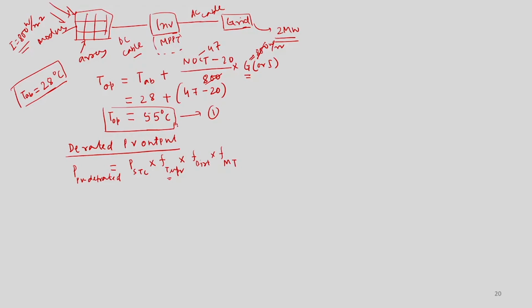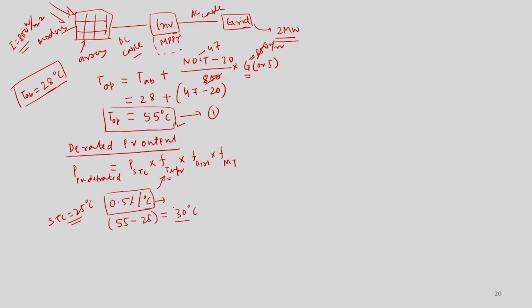As we know, the operating temperature is 55 degree, and in our problem it is given that 0.5% per degree rise in temperature is the derated factor. We know STC is at 25 degree C, and the operating temperature is 55. So 55 minus 25 will be 30 degree C.